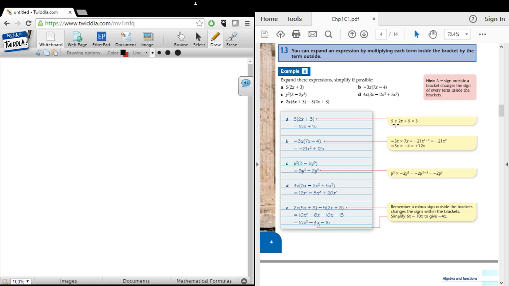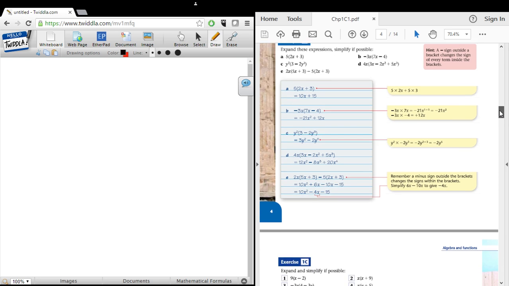So we have 5 times 2x plus 5 times 3, which gives us this result. It's very simple and straightforward, and I don't think it warrants a more detailed discussion.